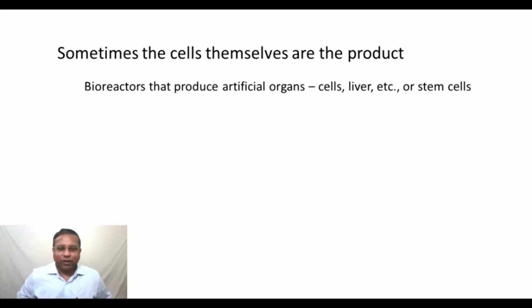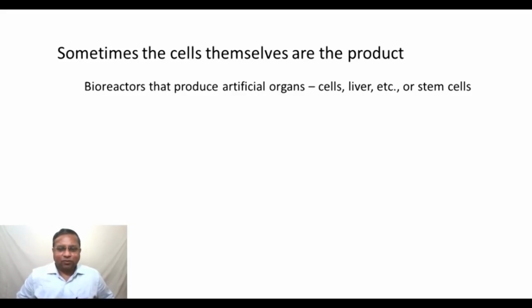Nowadays we have many different organs produced artificially in appropriate bioreactors. The bioreactors themselves might look a little different. The cells grow on a scaffold that resembles the organ, and therefore you get the shape, and then the functionality is brought in, so that you have a functional organ which can be transplanted, probably in the place of an organ that has gone bad.